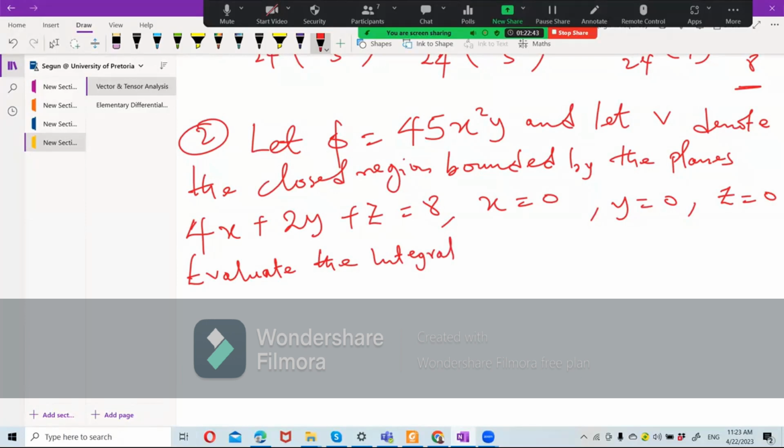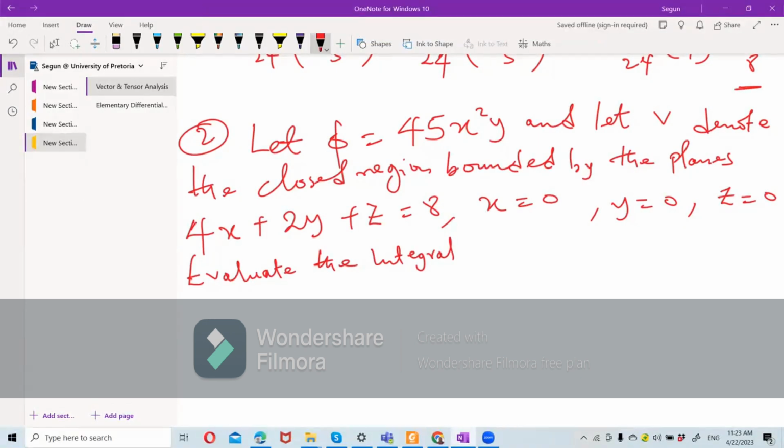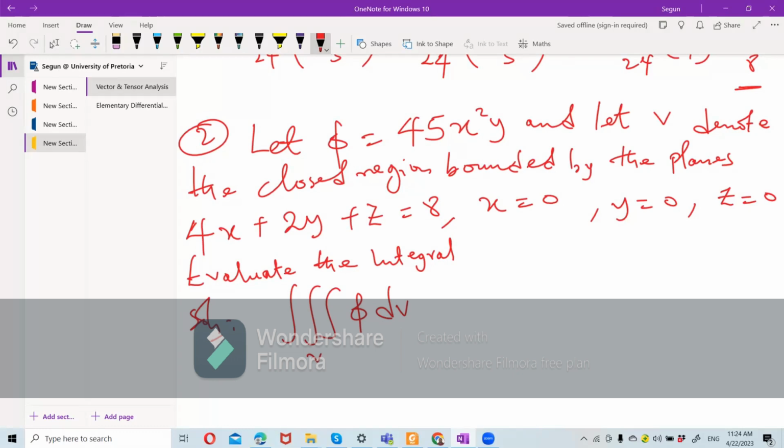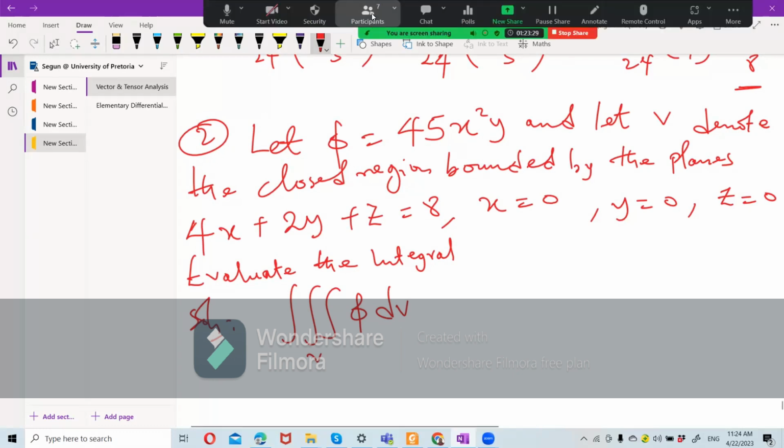So remember, you are to find the limits from this bounded area they gave us. Then let's look at the solution. In this solution, we have the integral over V of phi dV. Then how do we solve it? Okay, sir. We'll look for the partial derivative of phi, sir, that is 45x squared y.